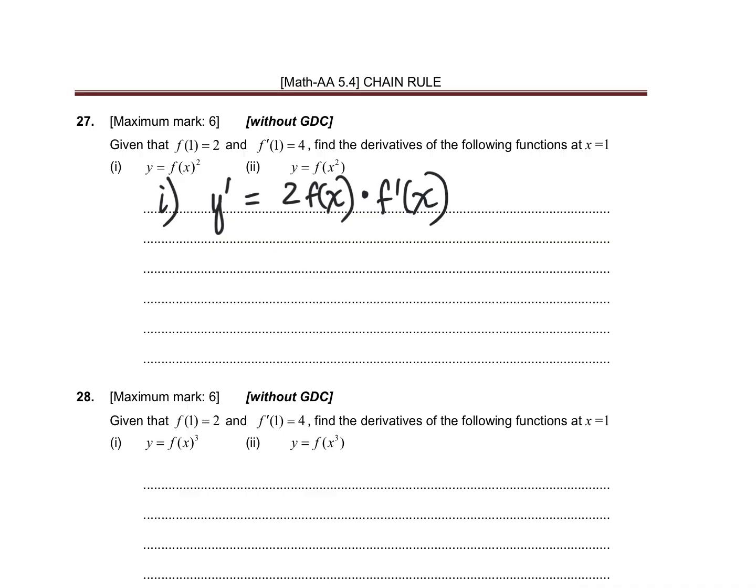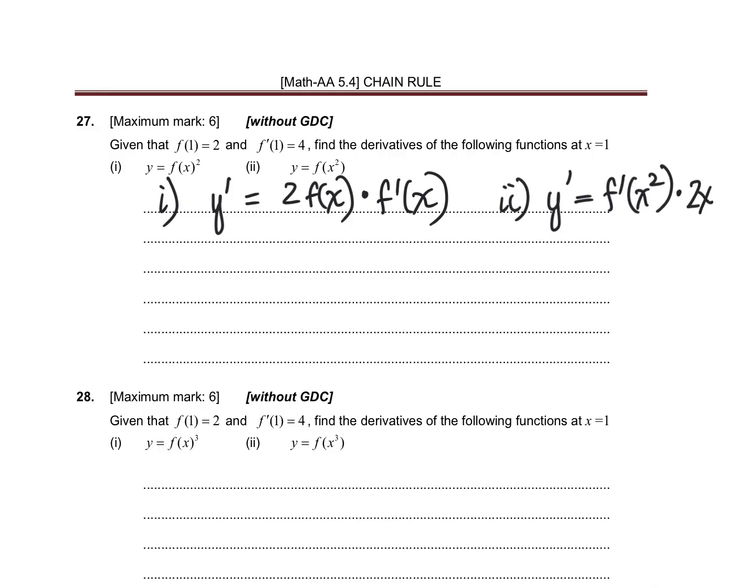So chain rule. And for double I, we've got y prime is going to be the derivative of the function at x squared. So that's the derivative of the whole thing, and then times the derivative of the inside function.